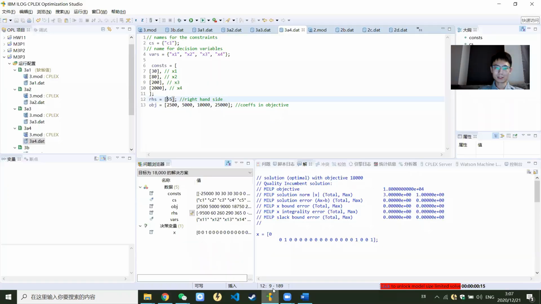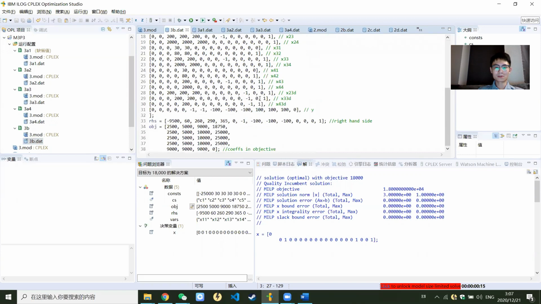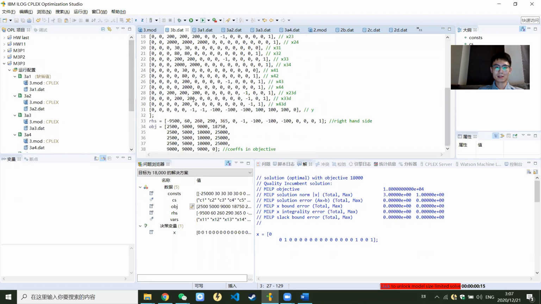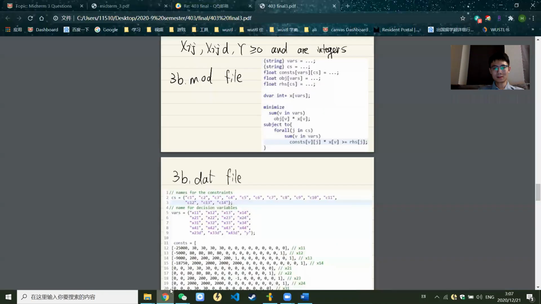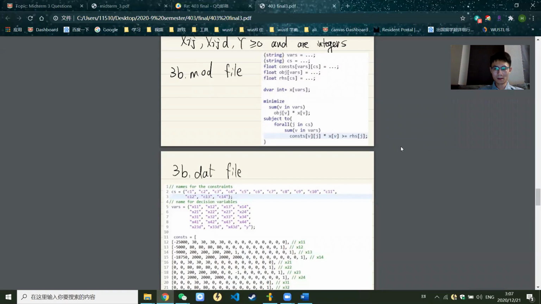And let's move on to the data file. The data file is the implementation of the 14 constraints, right-hand side and objective function. Basically it's just plugging in the numbers.